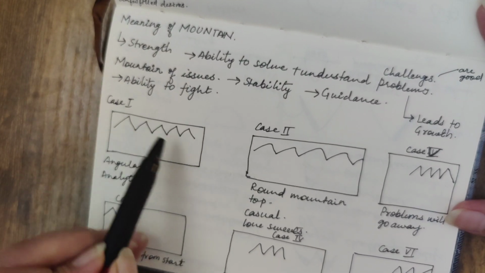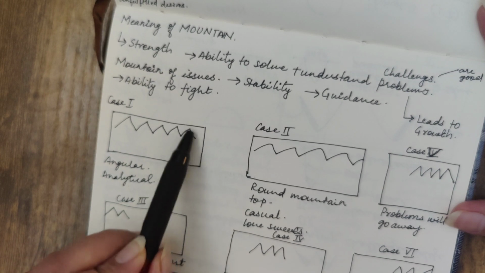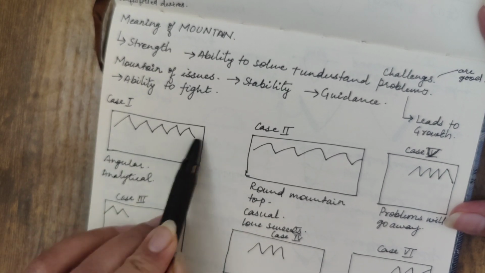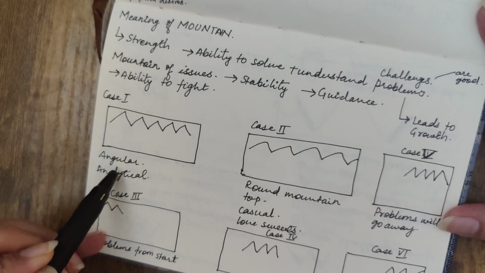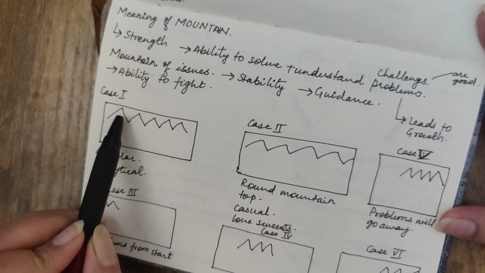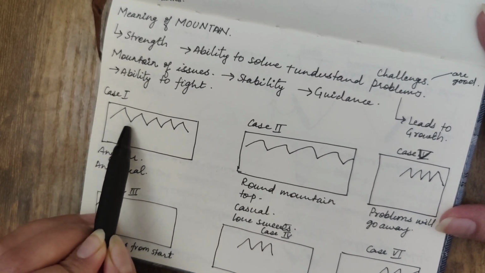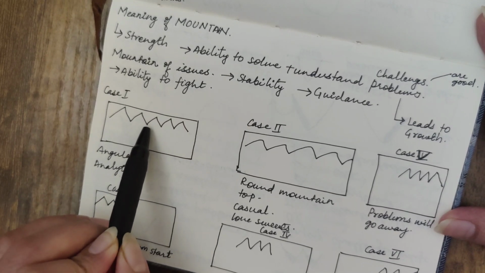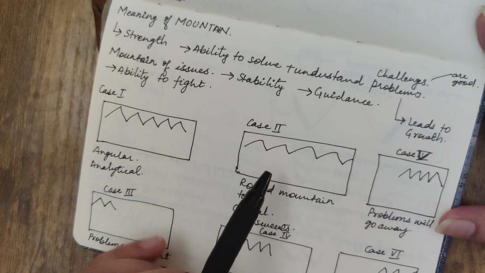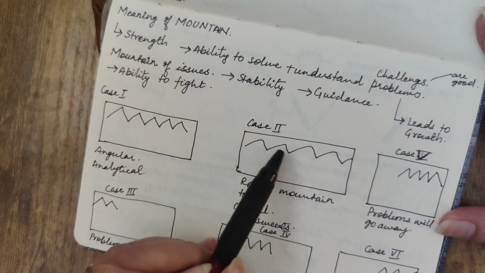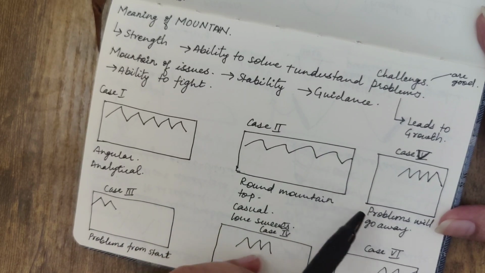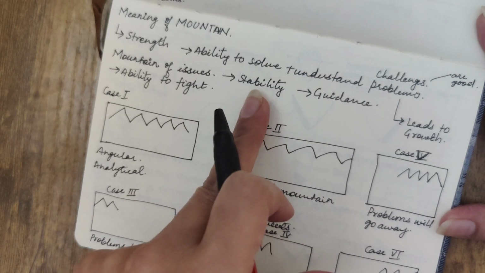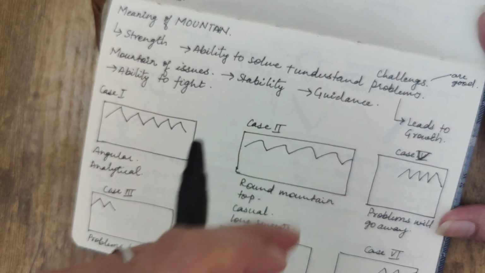Case one, it could be possible that the mountains are at the top 1/3 of the page, and they are angular. What angles mean is analysis. So this person is quite analytical, as opposed to this person who has a rounded top, which means they are very casual in solving problems.